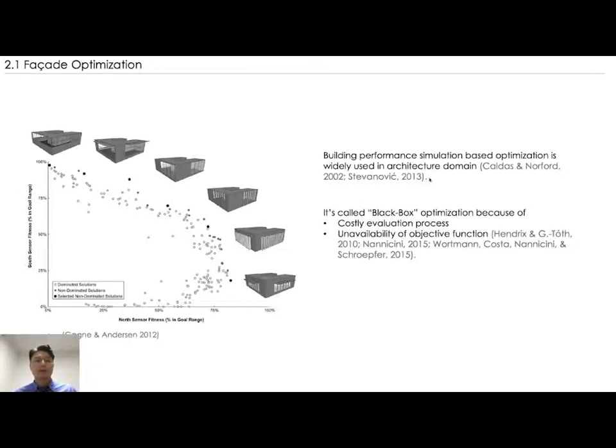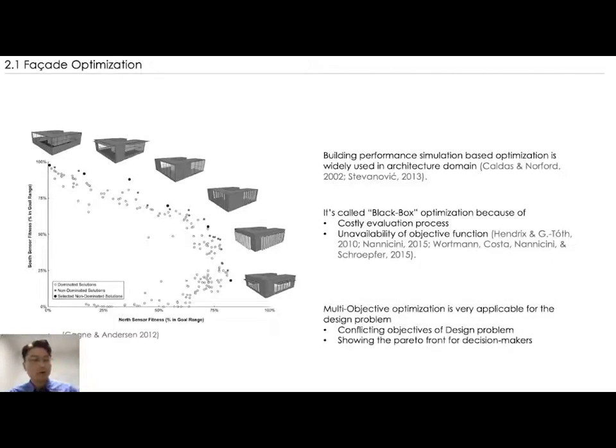Building performance-based simulation is widely used in the architecture domain, and it's often called black box simulation because of the costly evaluation process and unavailability of the objective function. Right? So you don't know what the objective function is and how it's performing inside.